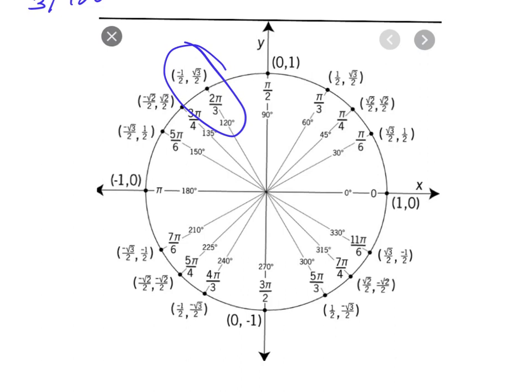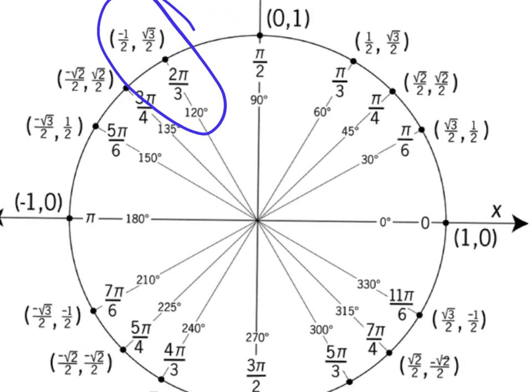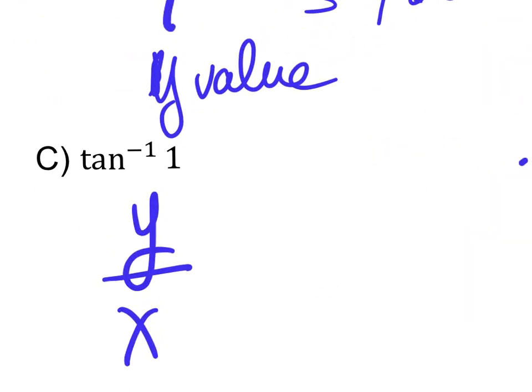Square root of 2 over 2 and square root of 2 over 2, because anything divided by itself is 1. So in the first quadrant, up on the top here, where would I get 1 when I put the Y over the X? 45 degrees and pi over 4.